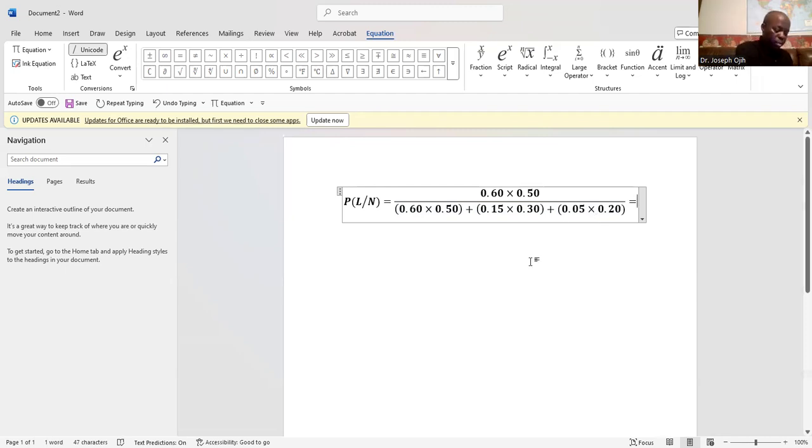So let me write this down: 0.60 times 0.50 over 0.60 times 0.50 plus 0.15 times 0.30 plus 0.05 times 0.20. Let us put this in the calculator and we'll get our answer right away.